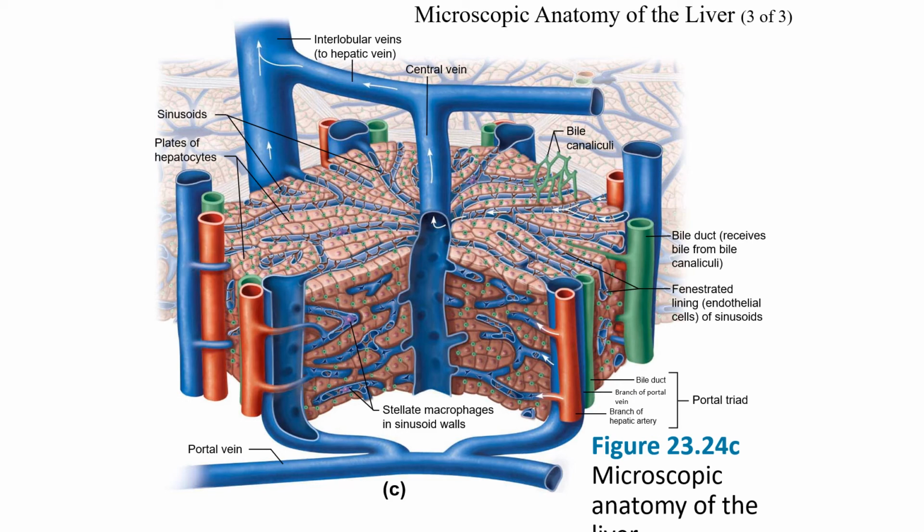The hepatic vein is going to join the inferior vena cava, and the inferior vena cava is then going to dump into the right atrium of the heart, go through the lungs, go back through the heart, be pumped out by the left ventricle so that the rest of the systemic tissues can receive nutrients.